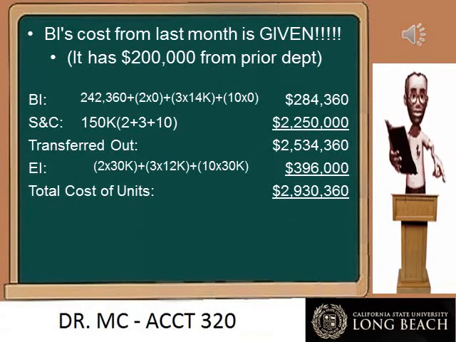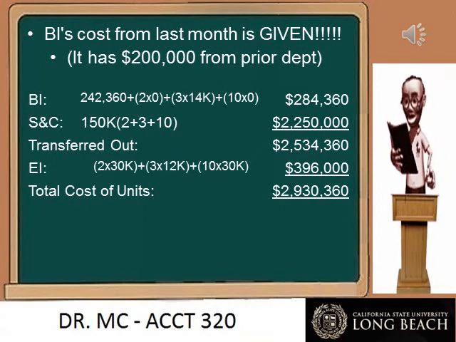This month's costs for beginning inventory is 0 equivalent units times $2 for direct materials, plus 14,000 equivalent units times $3 for conversion costs, plus 0 equivalent units times $10 for transferred in. When the $42,000 from this month is added to the $242,360 from last month, you get a total cost for the beginning inventory of $284,360.